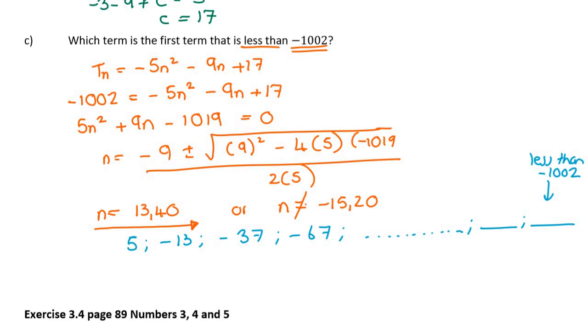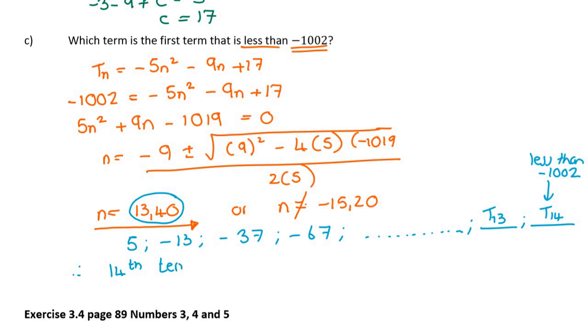Now which term is that? Well, if negative 1002 was a term in the sequence, n would have been 13.4. So that means term number 13 would be slightly bigger than minus 1002, and term number 14 would have dipped below that. So when it says which term is the first term, it is the 14th term.